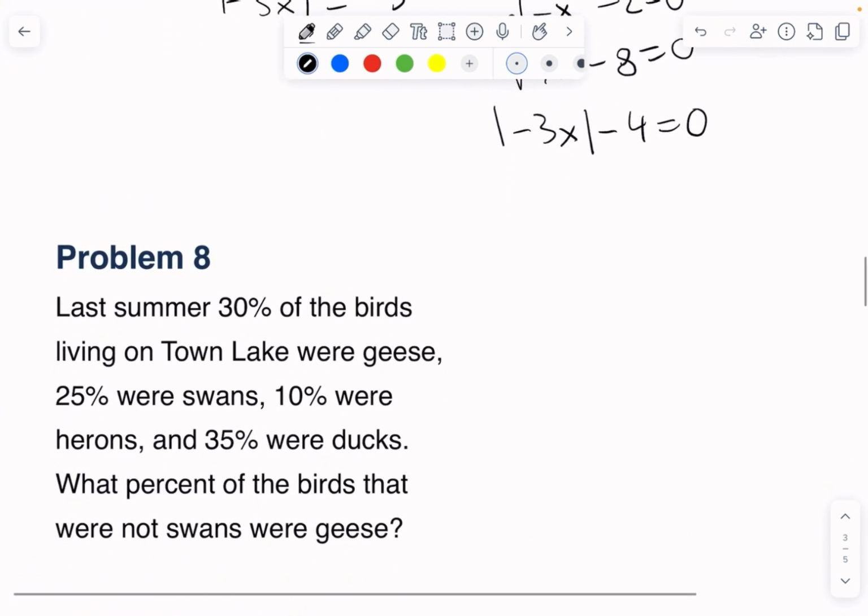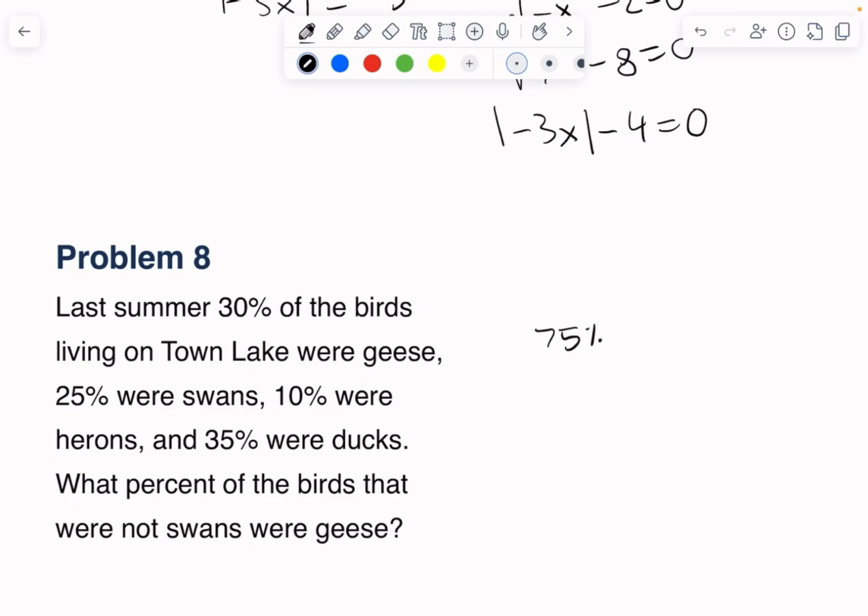Okay, problem 8. Last summer, 30% of the birds living on Town Lake were geese, 25% were swans, 10% were herons, and 35% were ducks. What percent of the birds that were not swans were geese? So 25% of the birds were swans, so 75% of the birds were not swans.